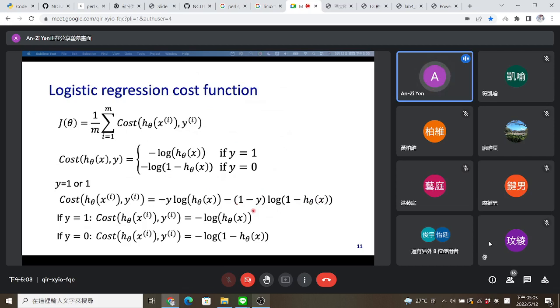Then the cost, if y equals 1, is minus log of h of x.